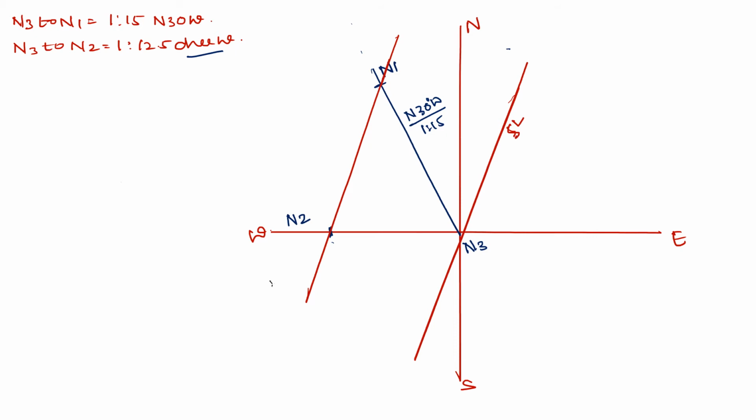Now if you drop a perpendicular to this line, we will get the information about the true dip direction and amount. So probably something of this kind will do. If we consider this line, from here it will fall.